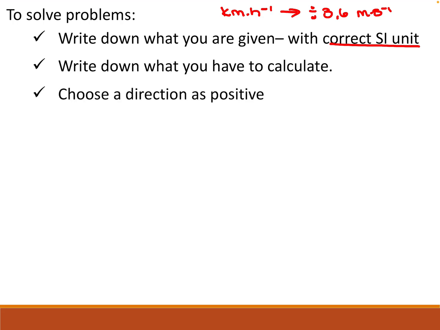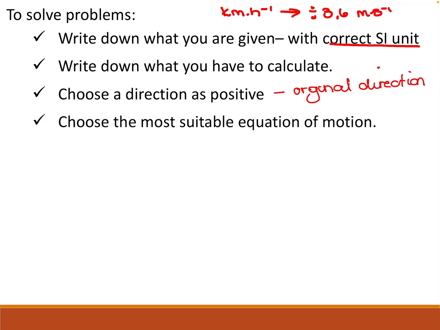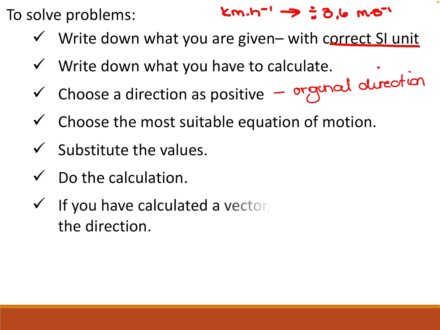Choose a direction as positive and stick to it. Usually I choose the original direction, so whatever direction the object was going in first. Then choose your most suitable equation. Substitute in the values. No, don't use the units. Do the calculation.